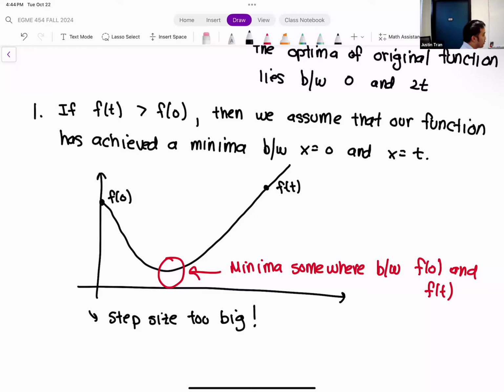In this case, you want to reduce your step size, and a good way to do this is to cut the step size in half.